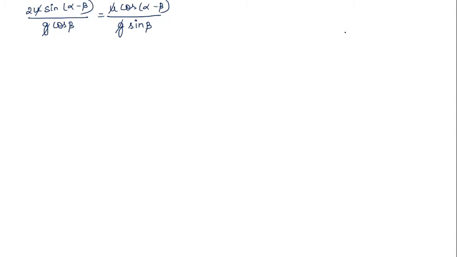So cot beta is nothing but cos beta divided by sin beta, right? Cot beta is 1 by tan beta. We know that tan is sin by cos, so reverse process, cos beta by sin beta. So cross multiply this cos beta here. So this will be 2 sin alpha minus beta divided by cos alpha minus beta, which will come to the denominator.